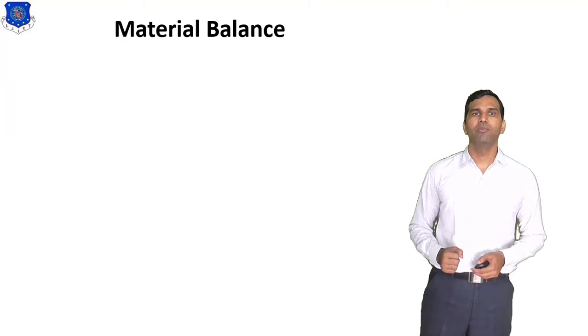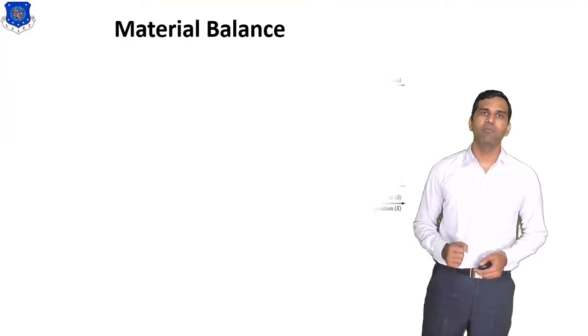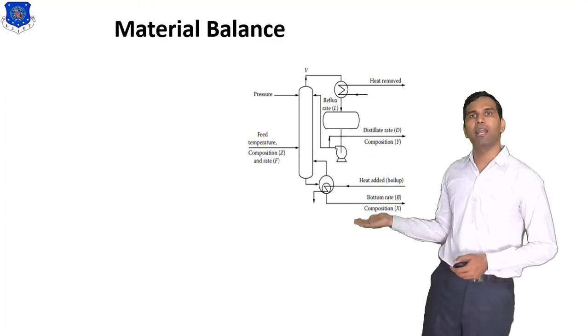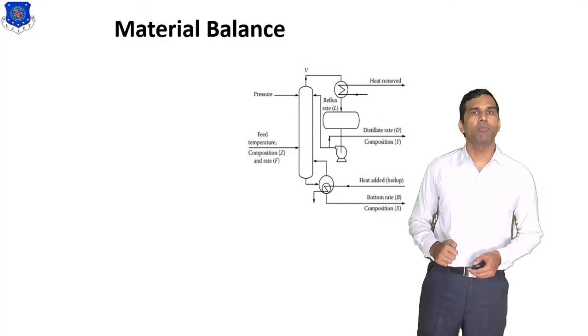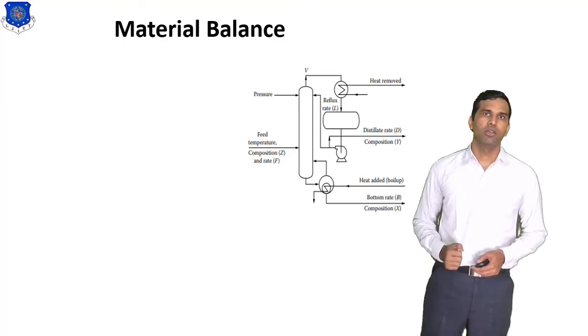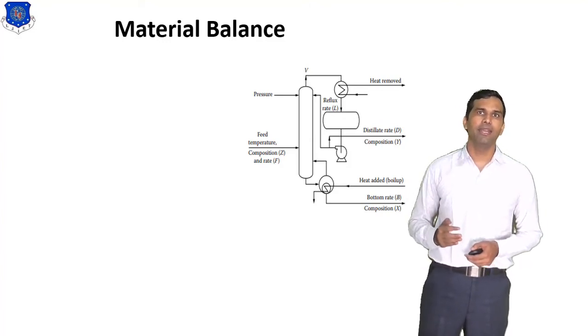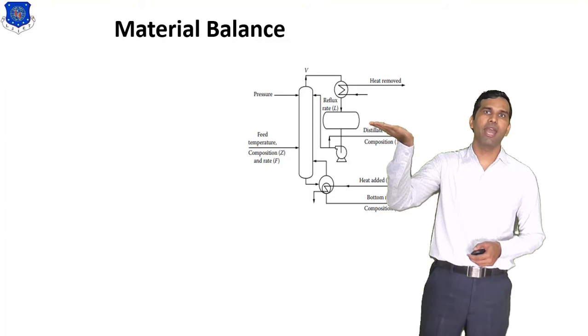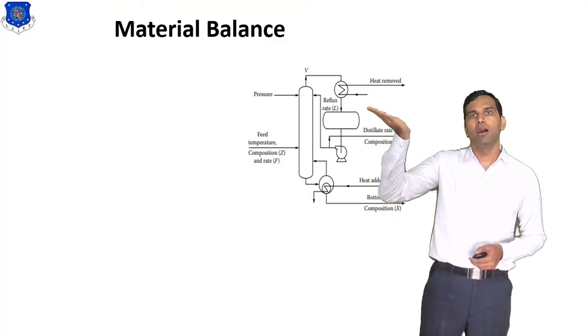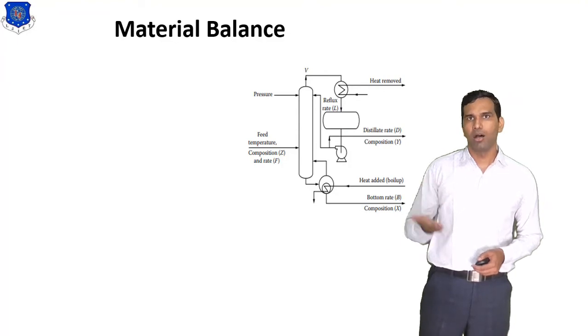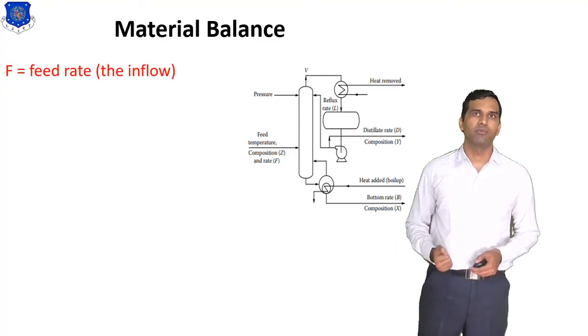Now we start with the material balance, that means the mass balance in the distillation process. This is the basic diagram of the distillation process. Here F indicates the feed material, D indicates the distillate, that means we get the product from the overhead section, and B indicates the bottom section.